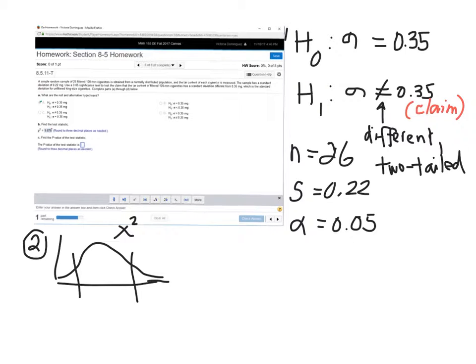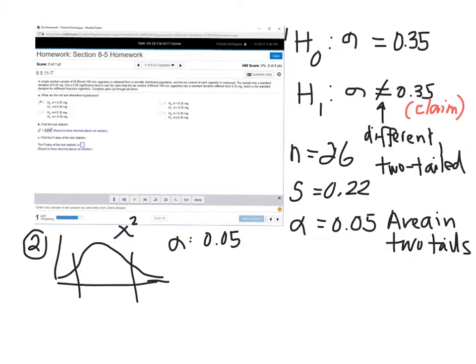Okay, so I'm told that alpha is 0.05. That means that's the area in the two tails. I want to find out how much area is in each of these tails in my little sketch here.